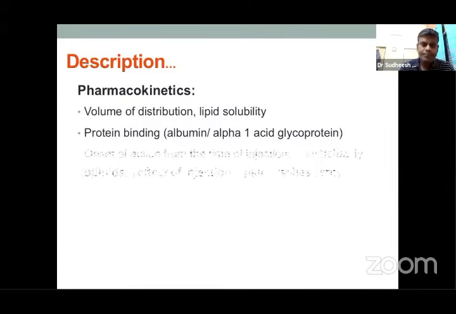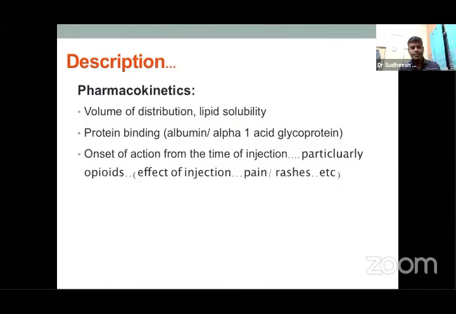Then once it gets distributed and bound to the protein, it reaches a preferential site of action. How long does it take from the time of injection to reach the site of action and the receptor, start its effect, and for you to clinically see the effect? This time is known as the lag time, commonly seen with neuromuscular blocking agents and opioid drugs.